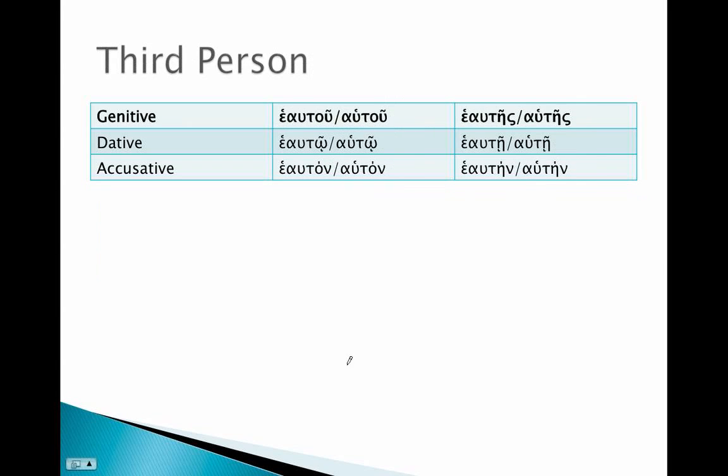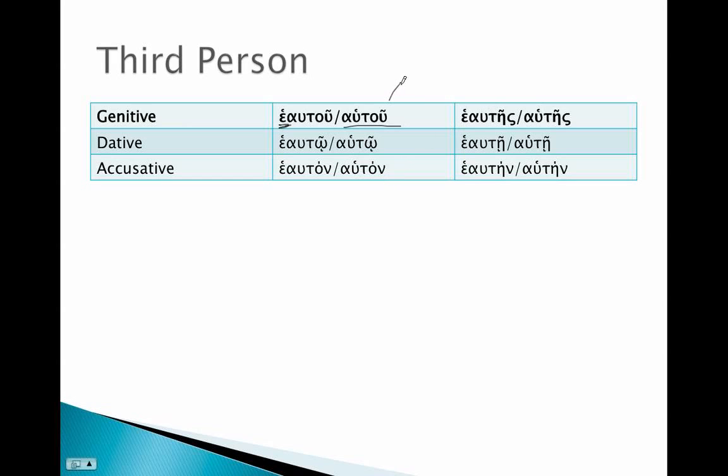The third person, again like the second person, we have two different forms. We can either add an aspirated epsilon, or we can just aspirate the form of autos. So heautou or hautou. Heautō, hautō. Heauton, hauton.